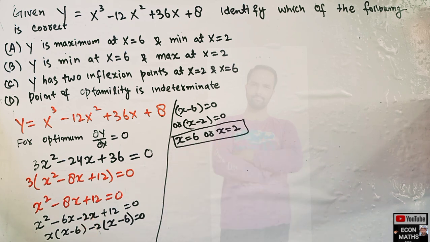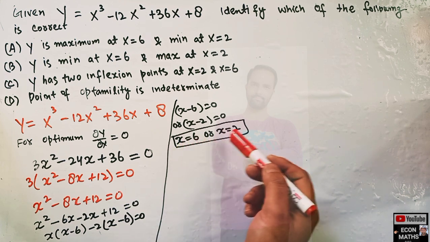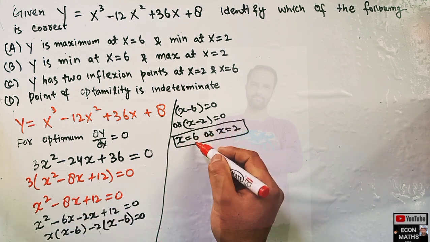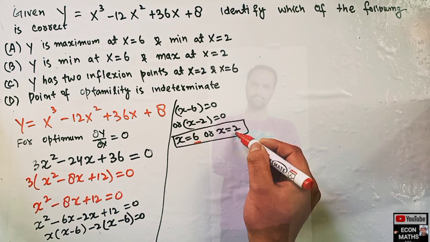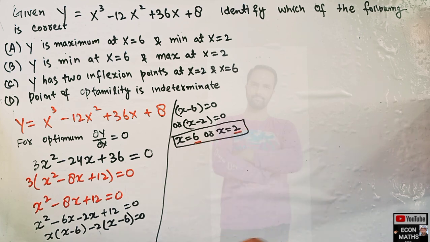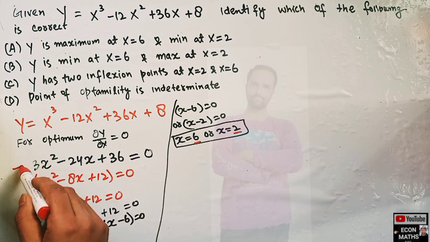Now we need to find out where these two points lie, whether each point is at minimum or maximum. For that, we just need to take the second derivative of this function. So this is our first derivative.